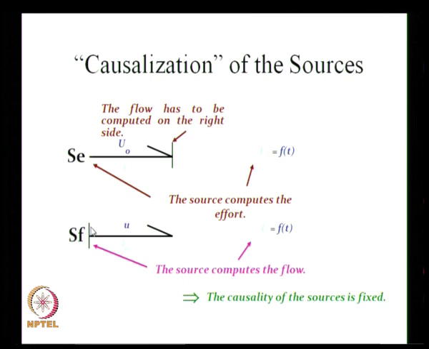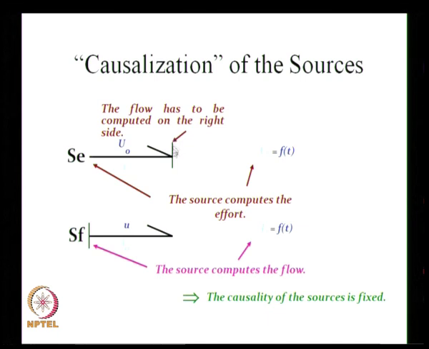Similarly, for the source flow SF, the causal stroke is here, therefore the flow has to be calculated here and effort is to be calculated on the other side. So here the source computes the effort and here the source computes the flow. That is how we give the causality stroke, and these are the mandatory causality for source effort and source flow.